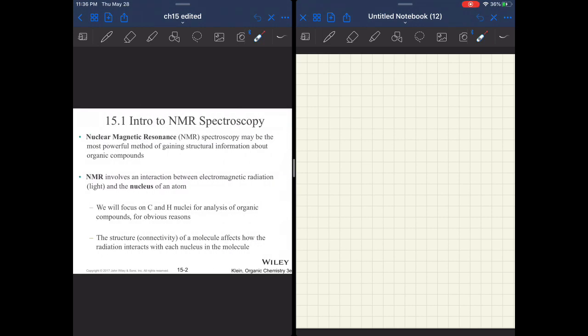All right, so when we looked in the last chapter at IR, we looked at infrared spectroscopy and how IR radiation affects bonds, right?